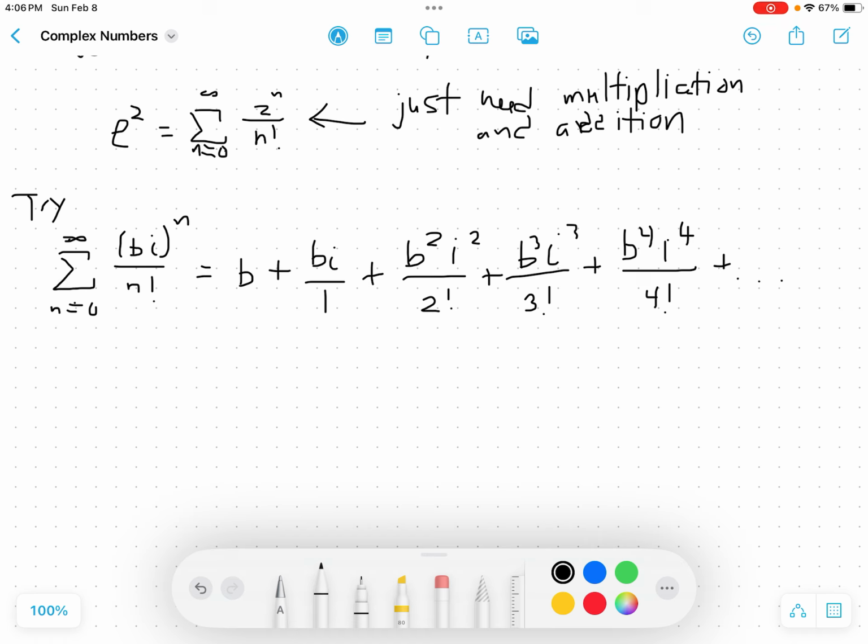So to figure this out, we should think a little bit about what i to various powers are.